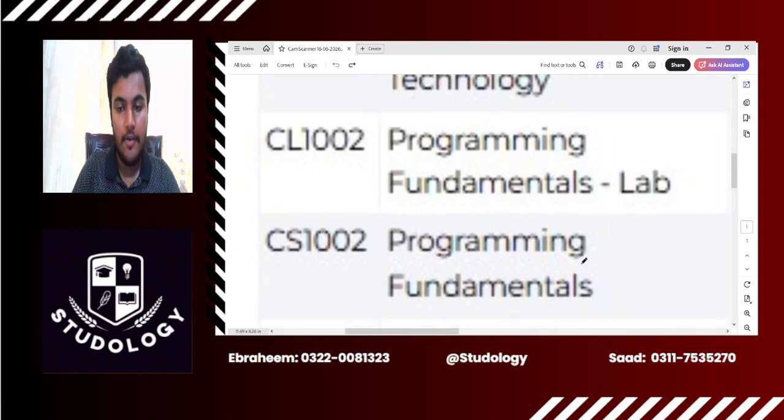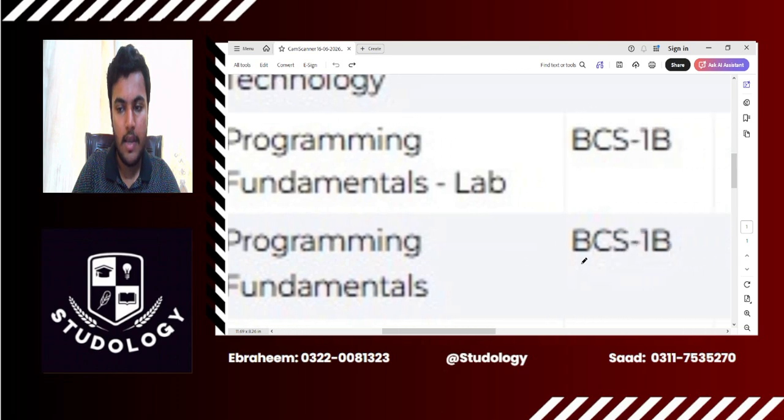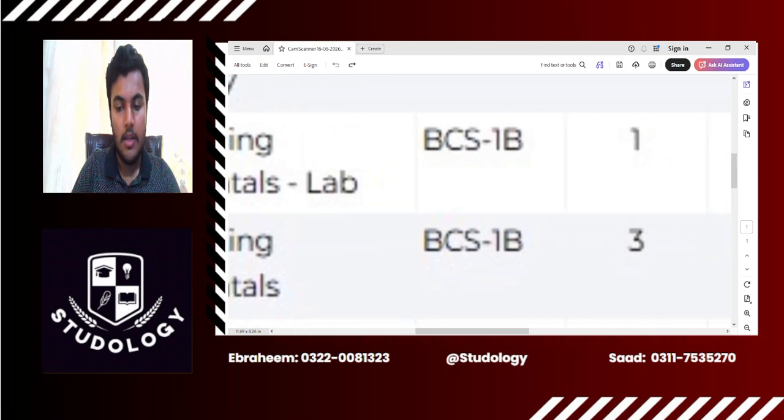This is basically our main course, and this is a 3 credit hour subject. When we calculate GPA, the subject that has more credit hours has a higher weightage as compared to the subject that has fewer credit hours.